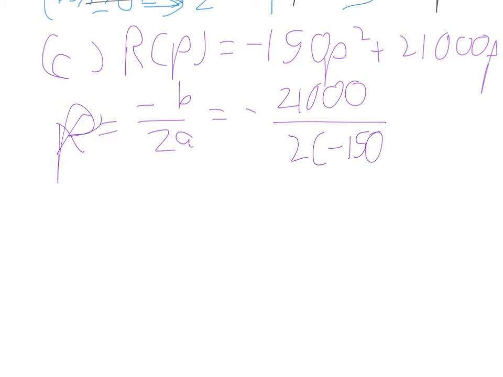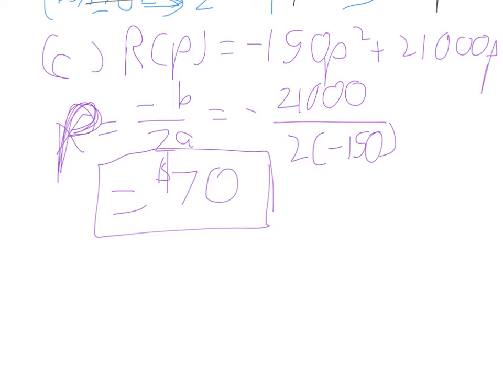We can change that to P, because I imagine that's probably kind of confusing. So the price per calculator that would maximize the revenue would be $70. And this formula, negative b over 2a, just gives you the x coordinate of the vertex, so you don't have to do completing the square on a quadratic.